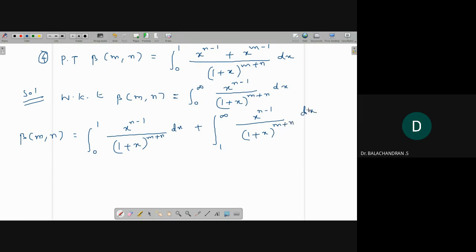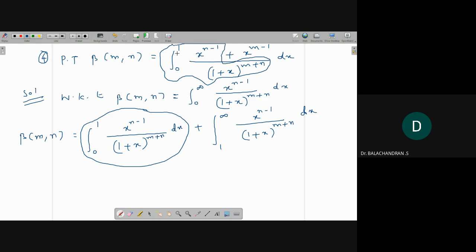Okay, so now if you listen carefully, this portion is very similar to this portion.